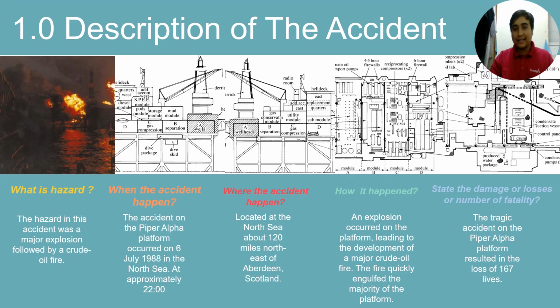For my part, I will explain the description of the accident. As you can see from the above picture, that's how the incident happened on the Piper Alpha. The accident was a major explosion followed by a crude oil fire.